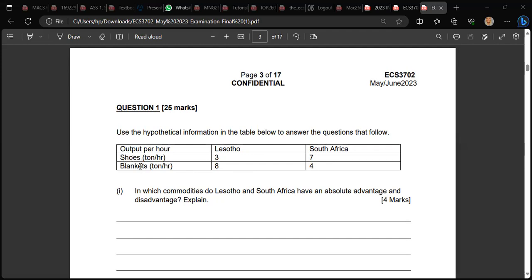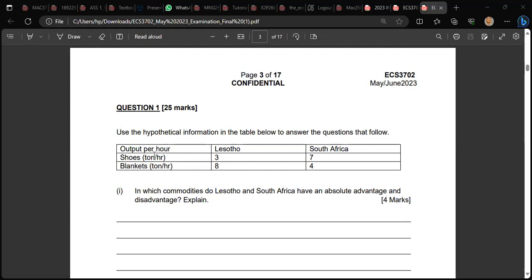So our assumptions all the time are 2 countries, 2 commodities, basically just to simplify everything. We don't want to deal with multiple countries. We just want to deal with a hypothetical situation where we have 2 countries in the world producing 2 commodities. So we've got shoes and we've got blankets.